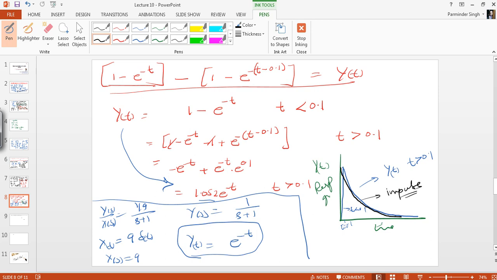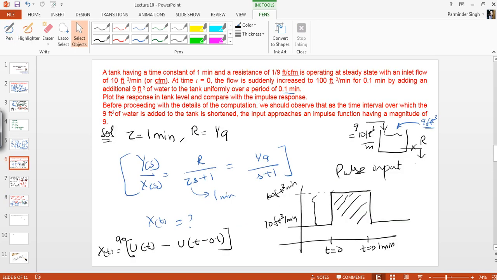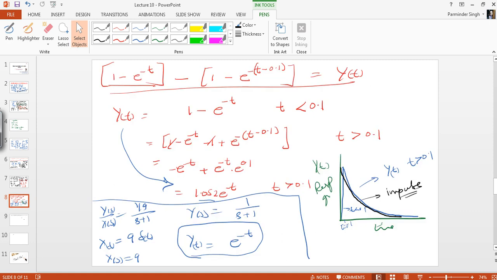In this question you can clearly see how much this time period is. This time period was hardly 0.1 seconds. If you decrease this 0.1 seconds towards 0, it becomes a problem of an impulse function. So this was your impulse function, this is the pulse function, and if you compare, the results come out to be similar. Clear?